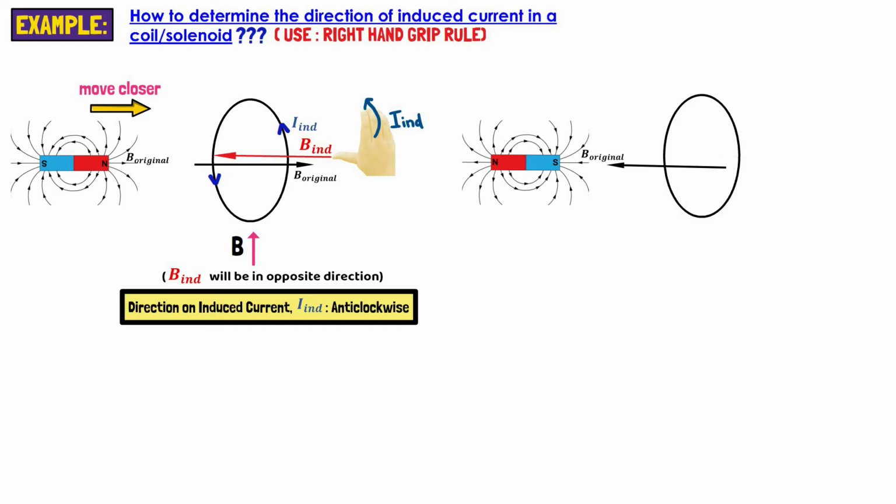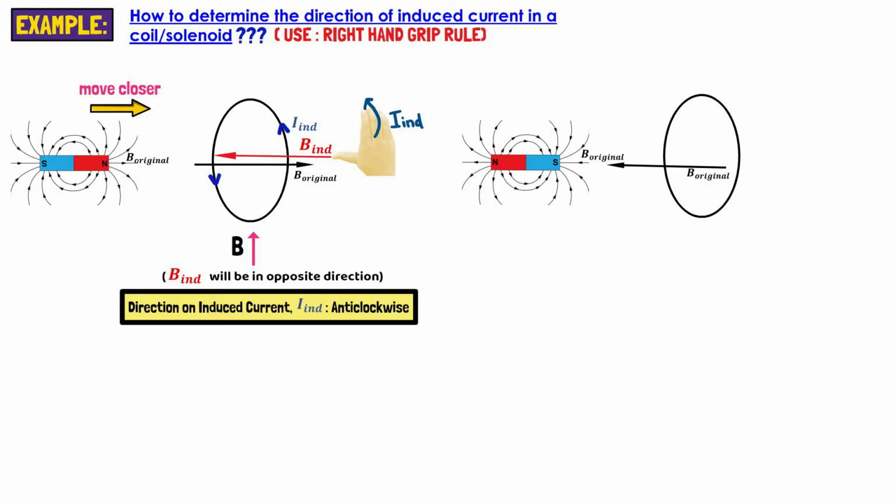Kenapa? Sebab south pole tadi yang duduknya dekat dengan coil. So seperti kita tahu, direction of the magnetic field around the south pole of the magnetic bar must be pointing inward to the south pole of the magnetic bar. Okay? So sebab itulah direction of the original magnetic field kita adalah ke kiri.